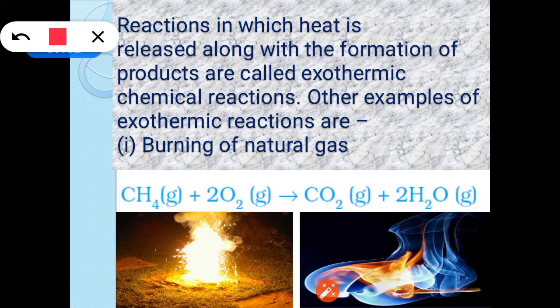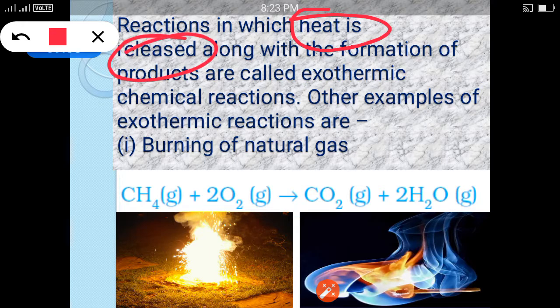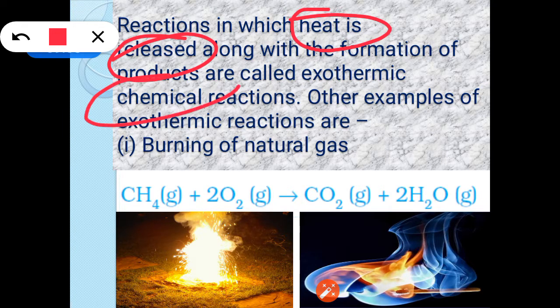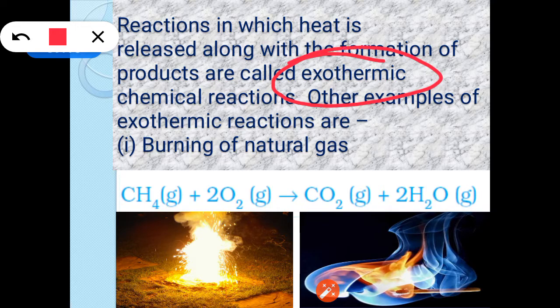So reactions in which heat is released along with the formation of products are known as exothermic chemical reactions. For example, burning of natural gas. Clear to you all?